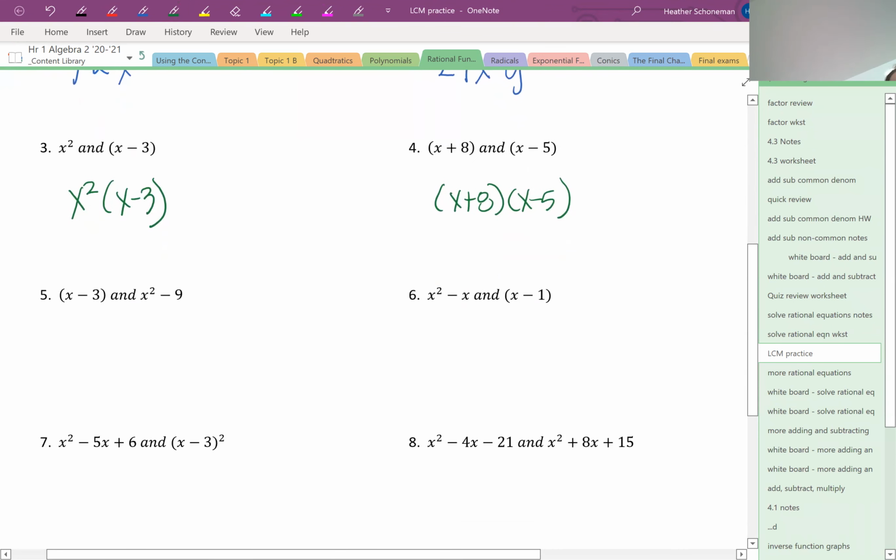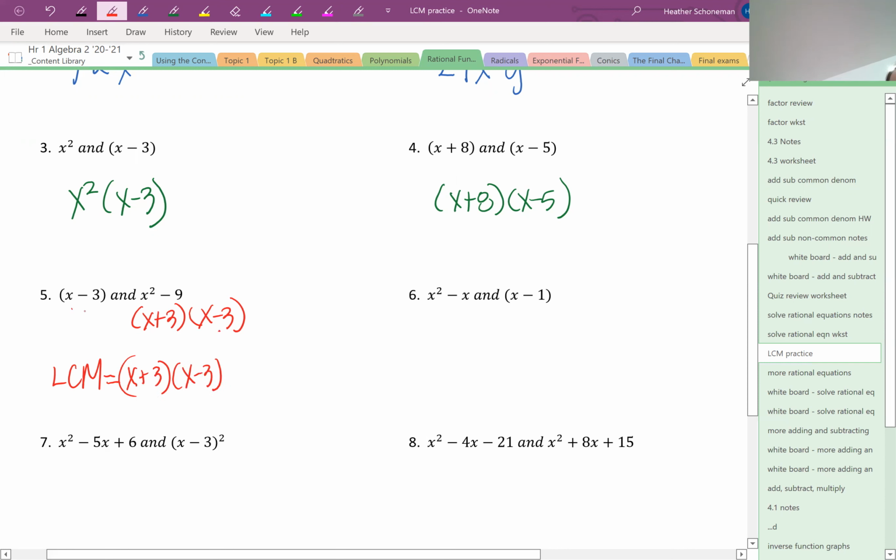Everything is represented. But now if we get to 5 and 6, we have factoring in these, and we have to factor first before we can find the least common multiple. So number 5 factors to x plus 3, x minus 3. Now when I write my least common multiple, I have an x plus 3 that I need to represent, and I have an x minus 3.